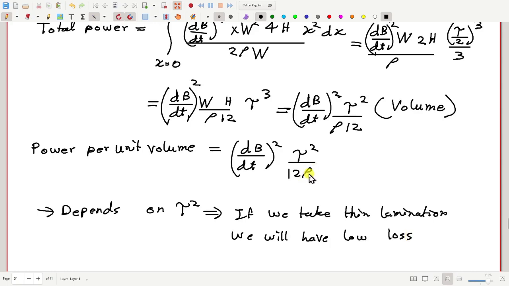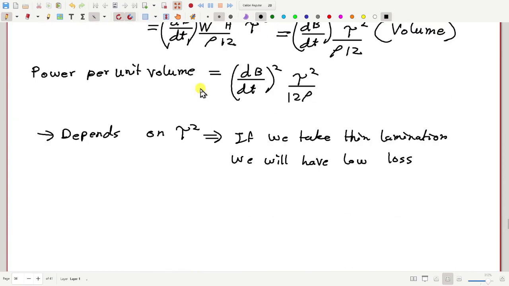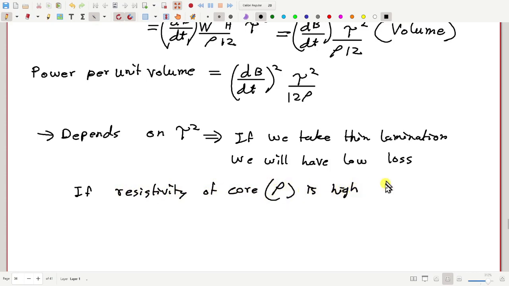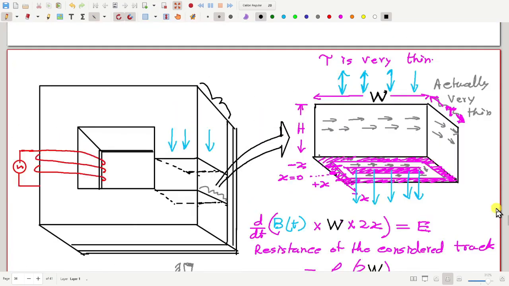Rho is the resistivity of the core material. So if the resistivity of the core rho is high, loss will be low. That's why we use thin laminations having small values of tau.